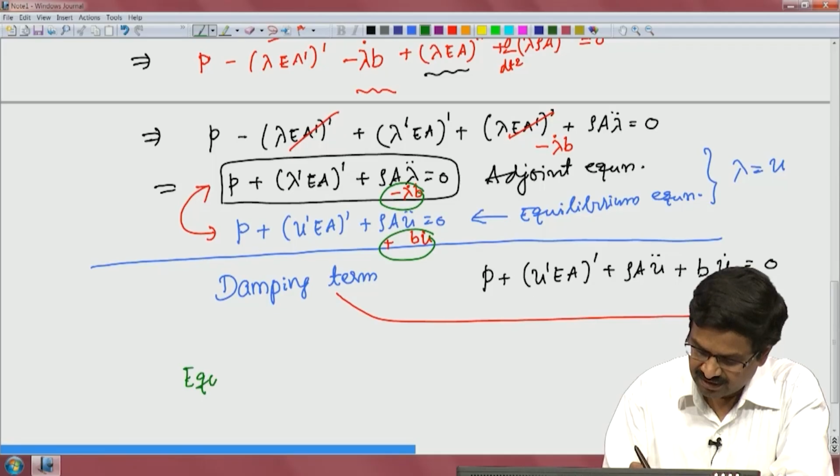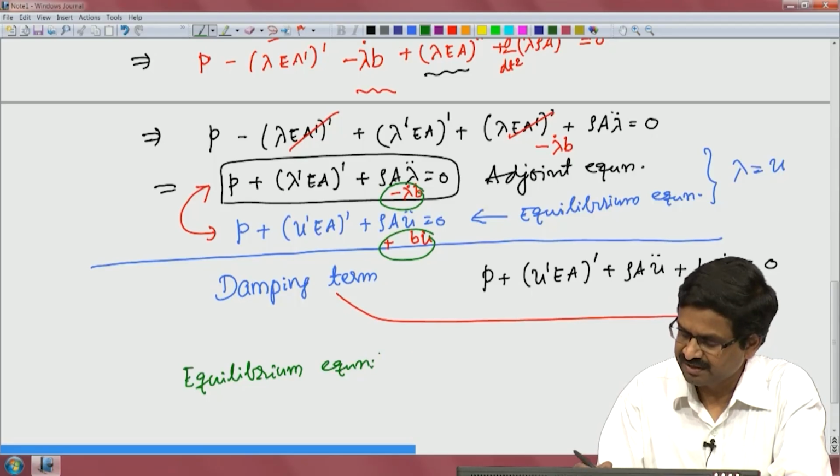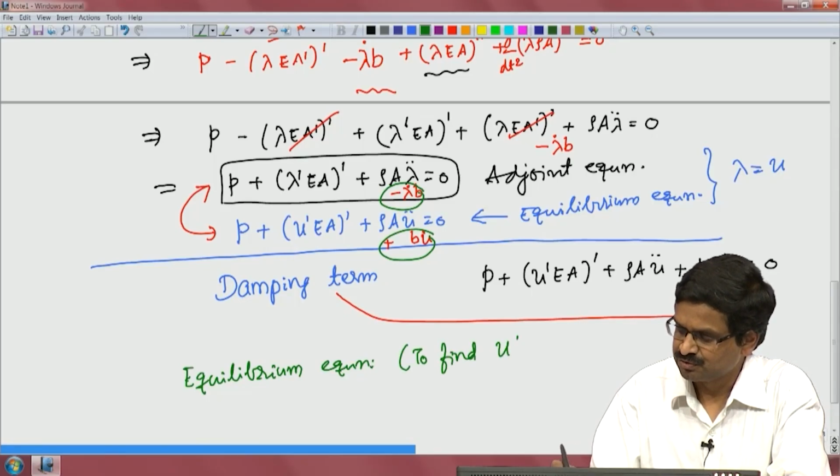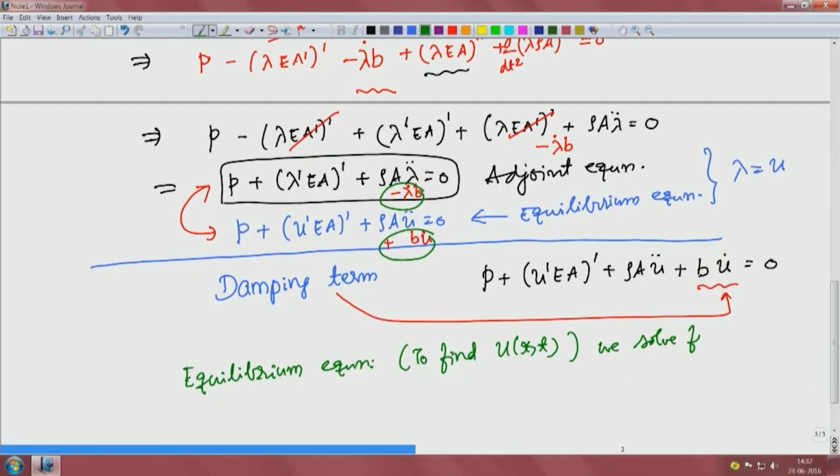for solving equilibrium equation, that is to find u(x,t), we solve from 0 to capital T. Okay. When there is minus sign, I can switch the time, you know, for solving adjoint equation.